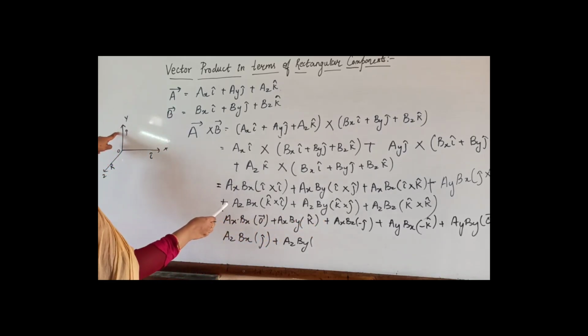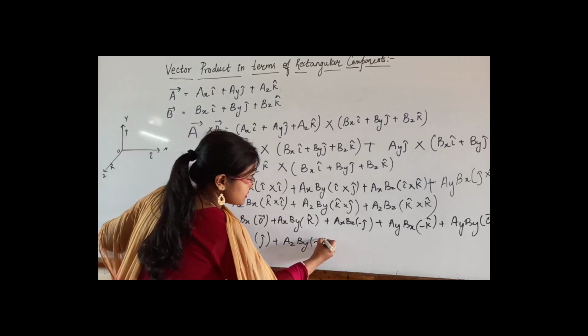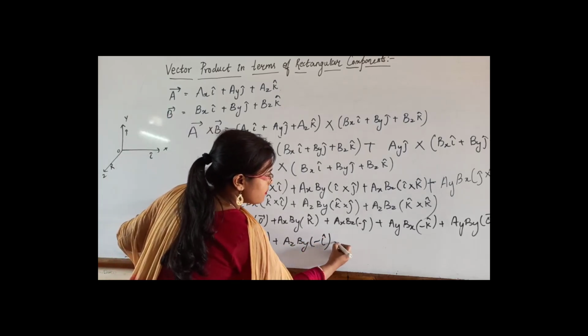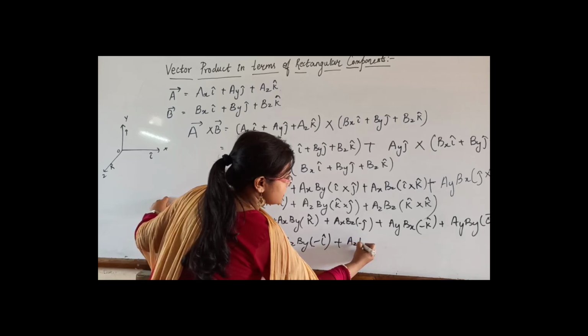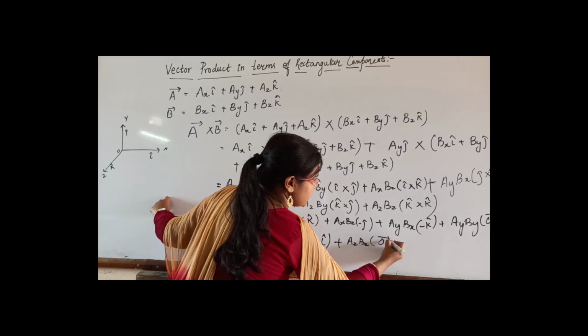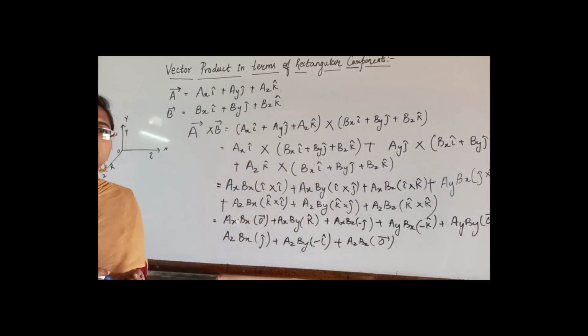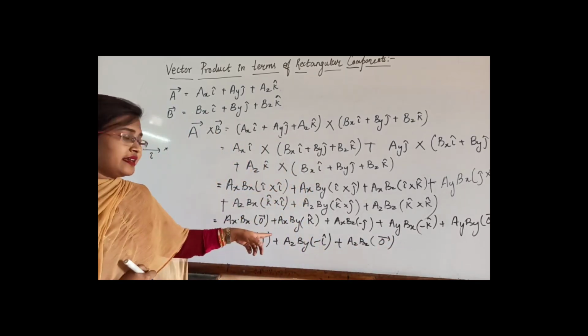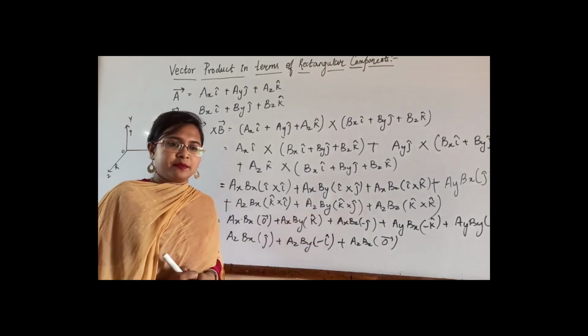See, it is in clockwise direction. It will give minus i cap, plus az bz k cap cross k cap is again a null vector. Clear? Now we will start taking i cap, j cap and k cap.